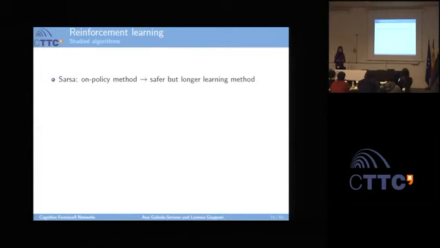So now we will see the difference between SARSA and Q-learning. Actually, these learning algorithms are quite similar. Both of them are based on the computation of the action value, the Q value that I showed you before. And the main difference is that SARSA is an on-policy method. This means that in the update of the Q value, it will consider the policy it is currently following.